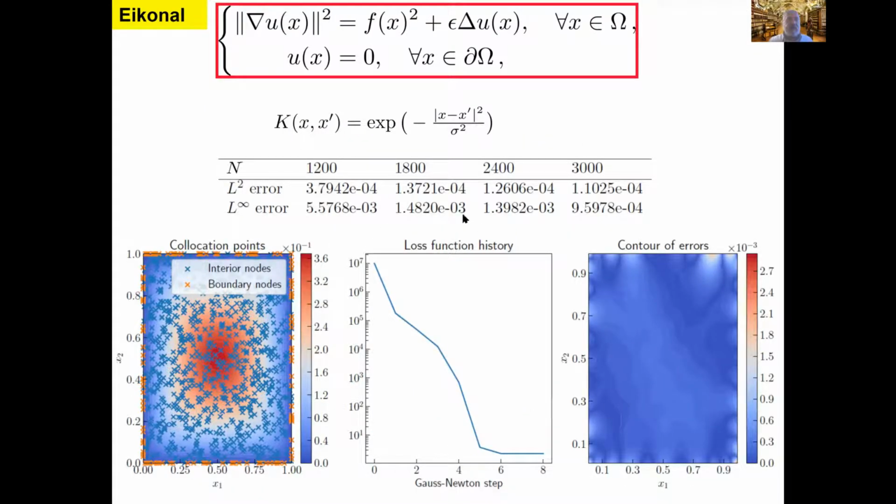These figures and this table show the accuracy of the method for Eikonal equation when using a Gaussian kernel. And here our Gauss-Newton iteration converges in 6 steps.